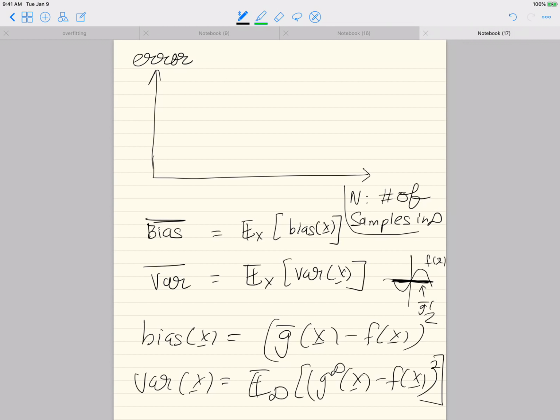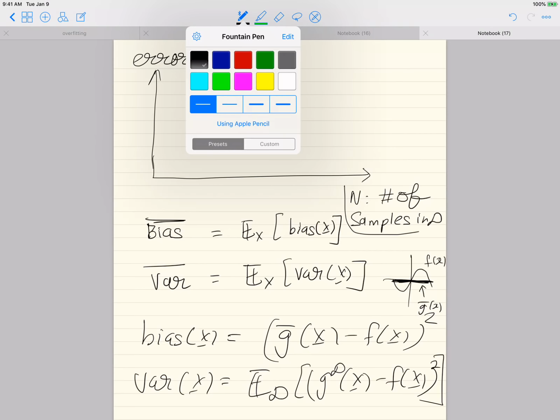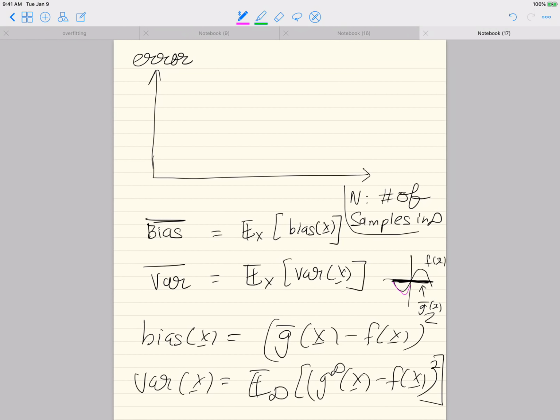This was the best approximation we had. This will be underfitting if H is very simple. Imagine you have a 10th order polynomial. Then you can draw a much more complex curve, so you might get a better approximation. So bias determines whether, if the hypothesis is too simple, your bias will be large and you'll be underfitting, and if your hypothesis is complex, your bias will be small.